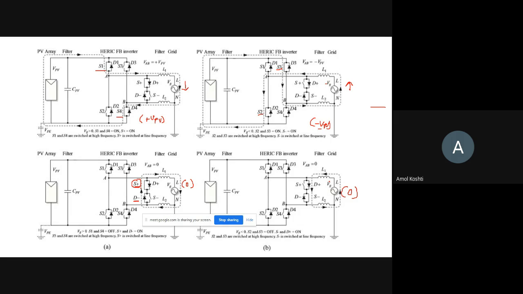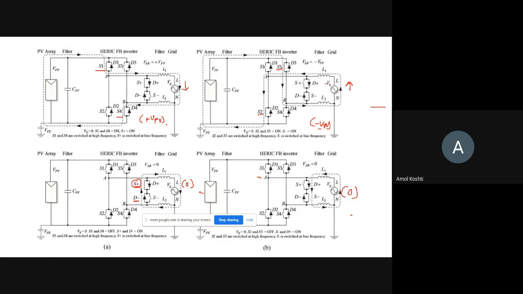Based on the parameters, by considering the input value of voltage and the output value of voltage, the rating of the switches, and the value of the grid, the performance will be analyzed.